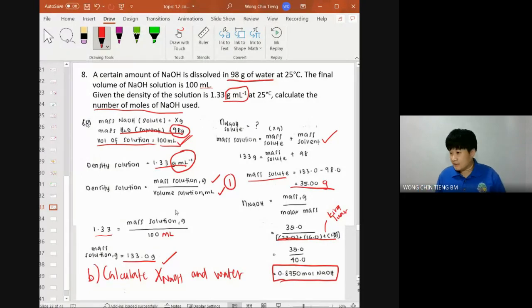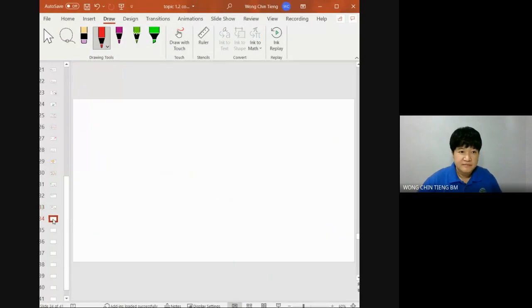Tulis betul-betul lah. Saya nak nanti anyone yang saya panggil, WhatsApp jawapan kat saya. I want mole fraction of NaOH and water.